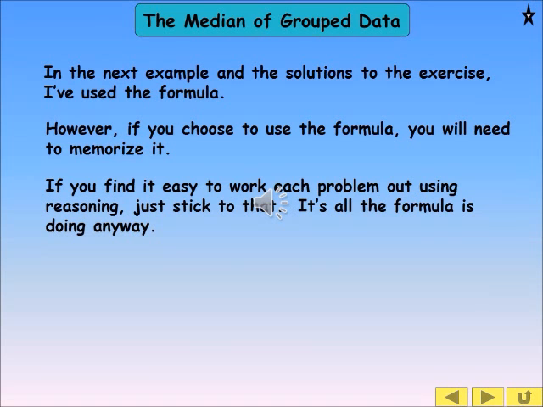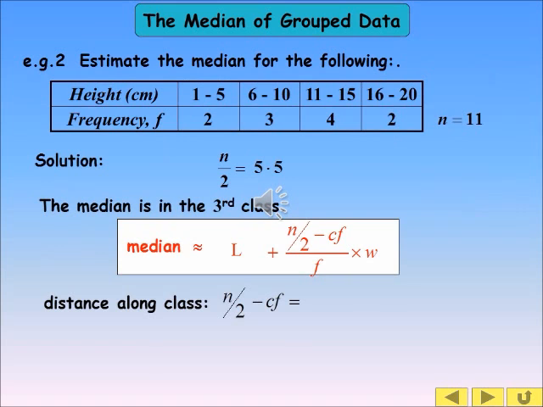For the next example, first, n divided by 2 is 5.5, since n equals 11. You remember? N divided by 2 is 5.5, and you use this formula. The term n divided by 2 minus CF is 5.5 minus 5, which equals 0.5.